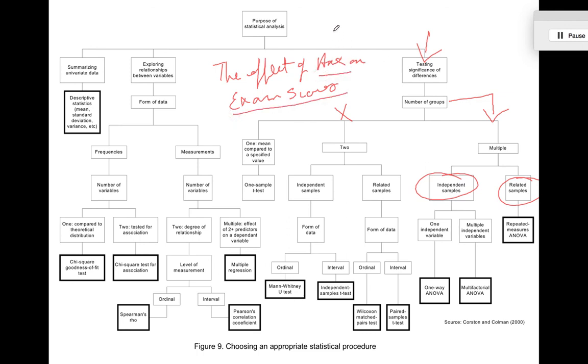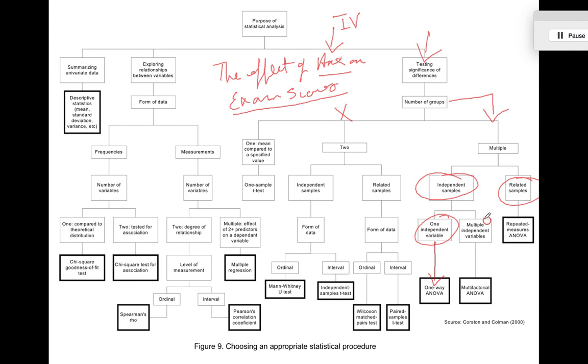My independent variable is anxiety, because those are my categories of high, moderate, or low, and my exam scores are what I'm measuring my participants on. I have mutually exclusive groups: people who are going to be in the high group, people in the moderate group, and people in the low group. Different individuals. Since they are different individuals and I only have one independent variable, I want to come down here and use a one-way ANOVA.